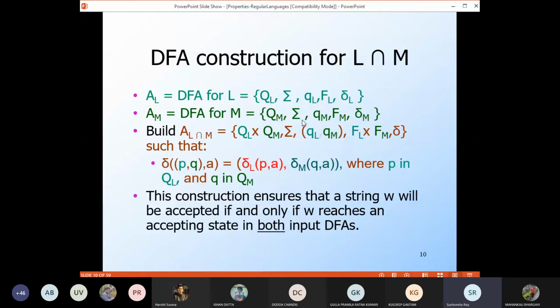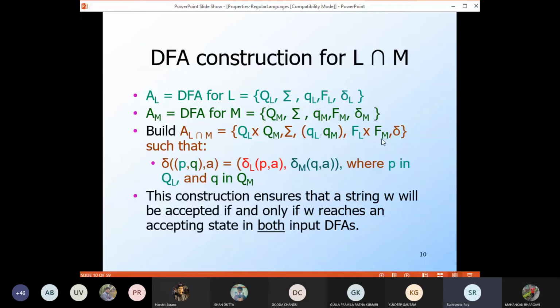Now the input alphabet is the same. The state which is the ordered pair of the start states of QL and QM, okay, this is the ordered pair, will be the initial state of the product automaton. Final states also are taken. Remember, final states in a DFA are actually a set. You can have more than one final state. So the Cartesian product of the final states of L and the final states of M, that means one component from FL, the other component from FM.